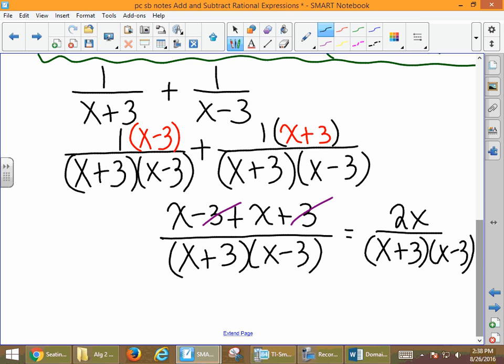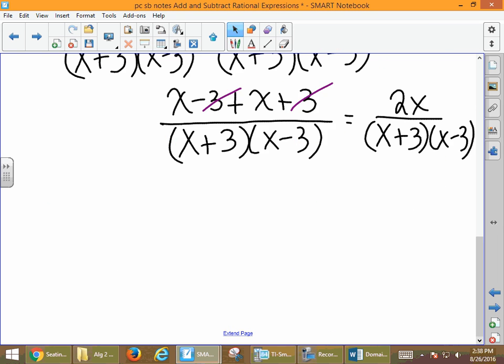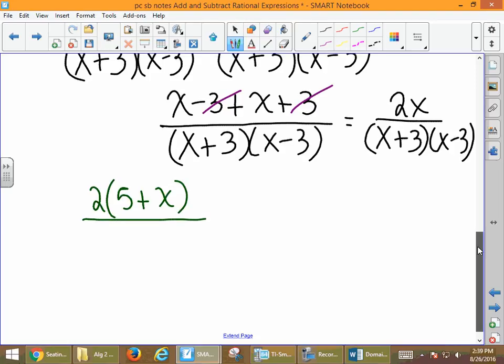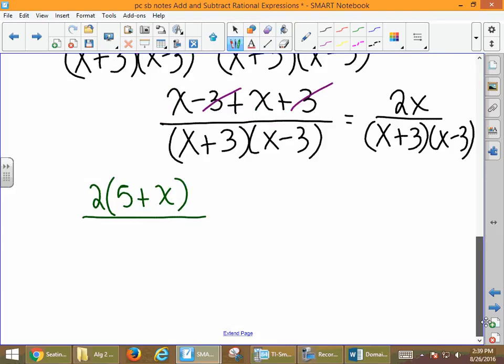Now let's put it all together. Because what we found at first is we've got our 2 times our quantity of 5 plus x divided by x minus 3 times x plus 3. But instead of writing it in this complex form, let's put our division symbol in there.